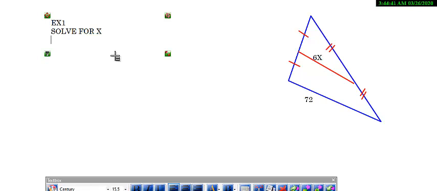So I'm going to say that 6x, this is a mid-segment, equals half of 72.